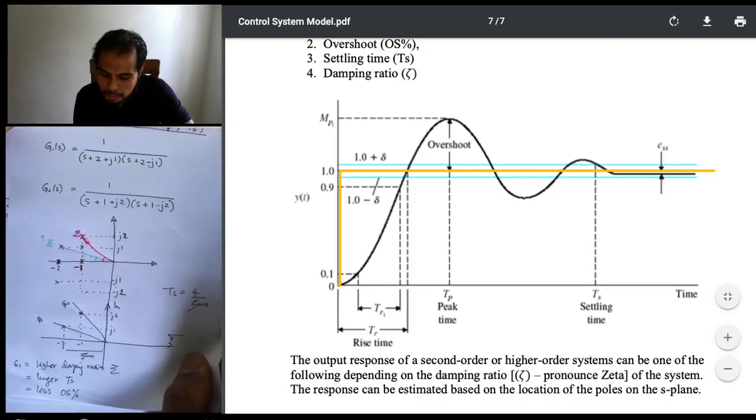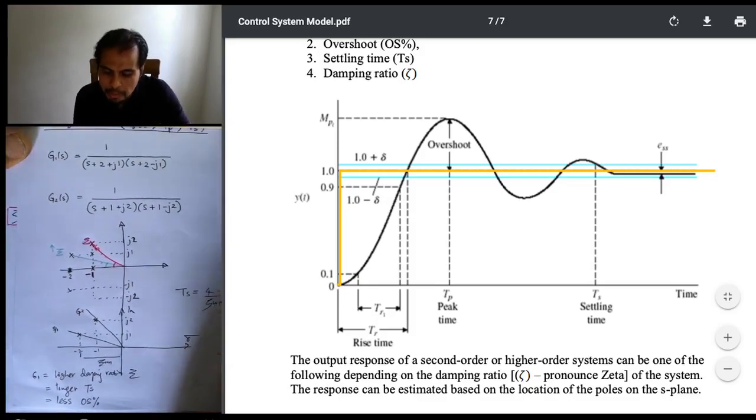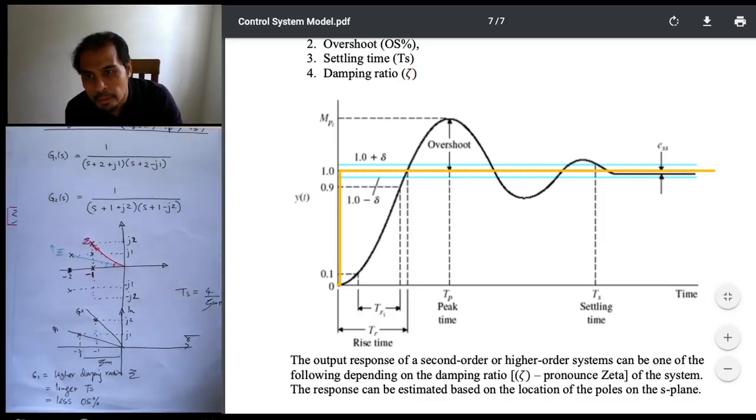The idea is that we need to estimate the system performance based on the roots of the denominator of the system. Knowing that, we can simply change the parameter in the transfer function so that we can meet the design criteria. Let's say we want the system to operate at higher overshoot or higher settling time or something.